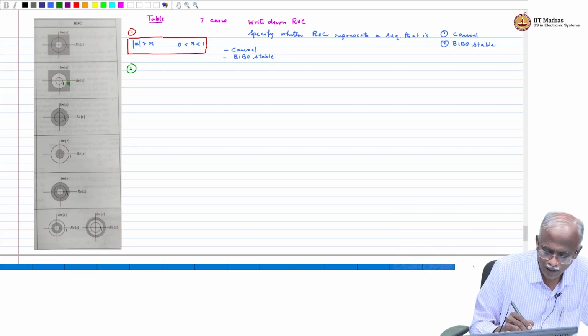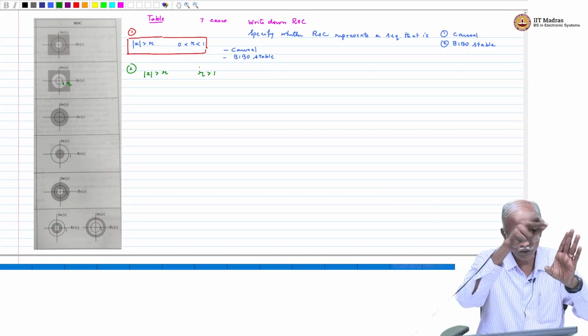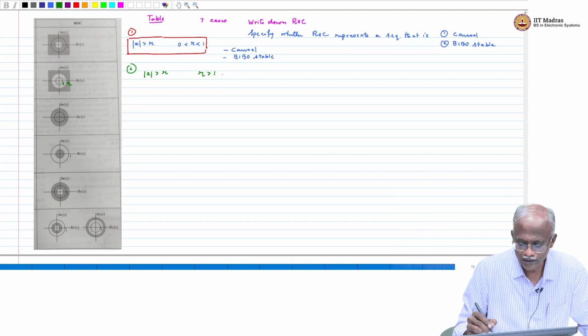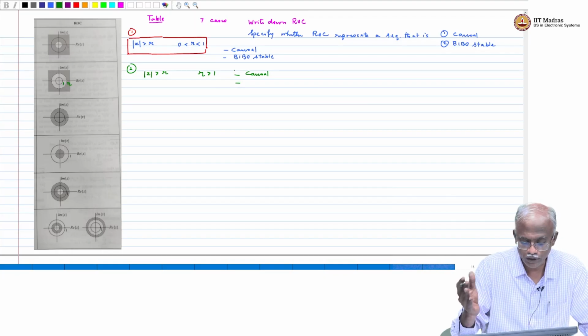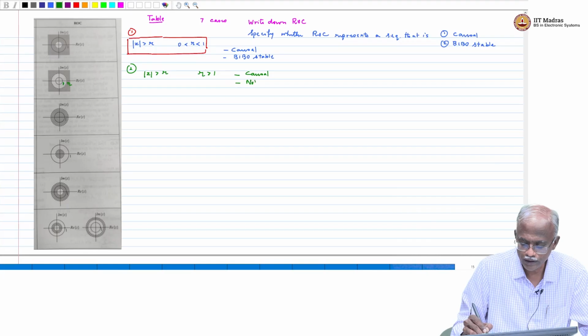This is some value of r, mod z greater than r, where r is greater than 1. Okay, so the inner circle, the solid line, is the unit circle. So this is a right-sided sequence, so it will be a sequence that is causal, but it does not include the unit circle. Unit circle is not in the region of convergence, so therefore this will be not bibostable.